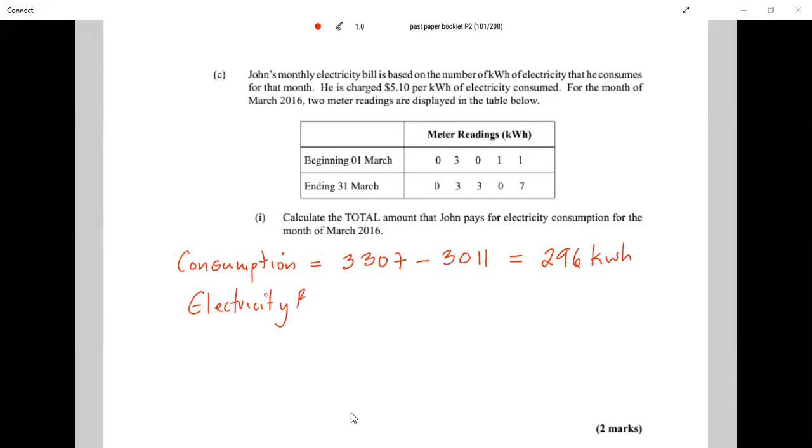His electricity bill would be equal to the $5.10, which is the amount he pays for 1 kilowatt hour, multiplied by the number of kilowatt hours he consumed for the month. And this will give you the amount on his bill. So John had to pay a total of $1,509.60. All right, that's what I got.